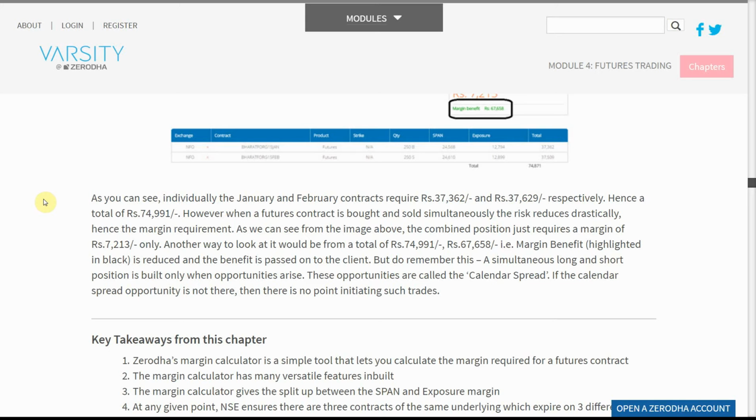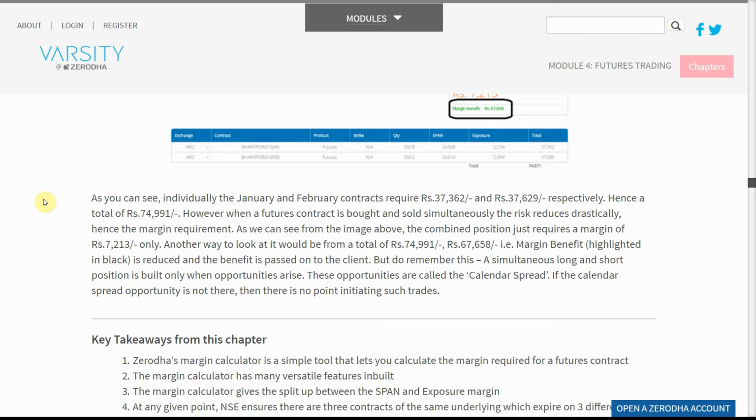As we can see from the image above, the combined position just requires a margin of 7,213 rupees only. Another way to look at it would be from a total of 74,991 rupees, 67,658 rupees, i.e. the margin benefit highlighted in black is reduced and the benefit is passed on to the client.